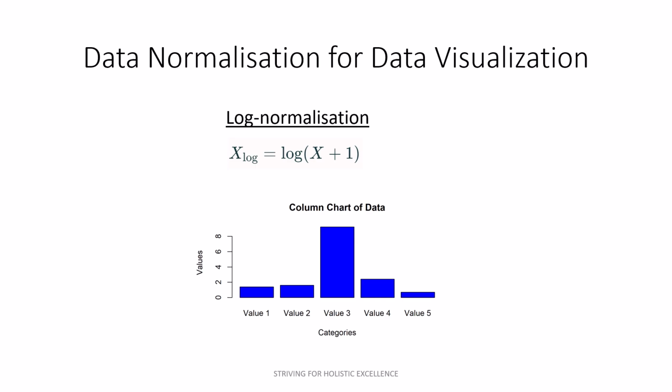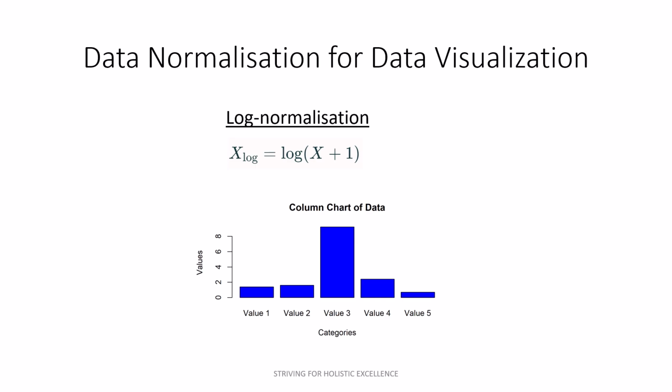So why do we have plus 1 there? It's not log x, right? We have log x plus 1 because if you have value 1, that value is not 0. When we rescale by using log normalization, if you do not put log of x plus 1, it would be log of x, which is log of 1, that is equal to 0. But 1 should not be scaled to 0 because 0 is nothing. But 1 has some value in it, right? So that's why we are putting log of x plus 1.